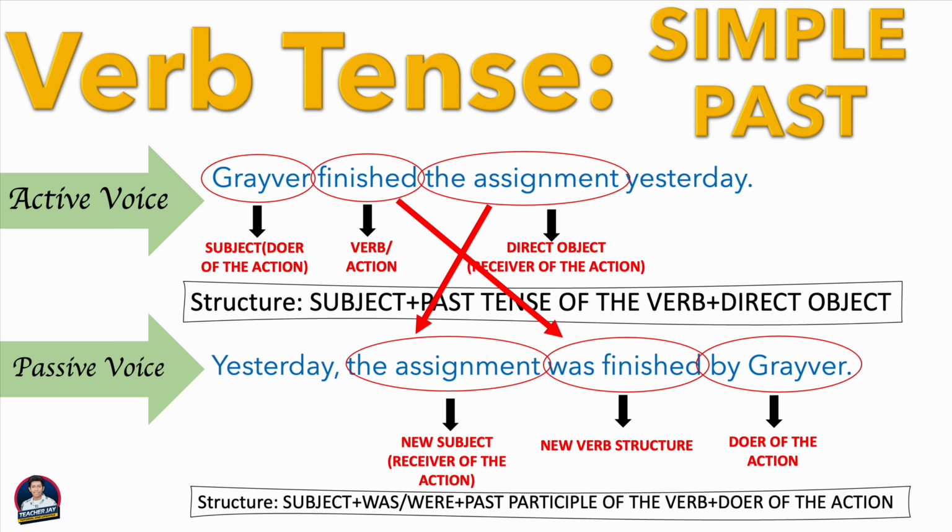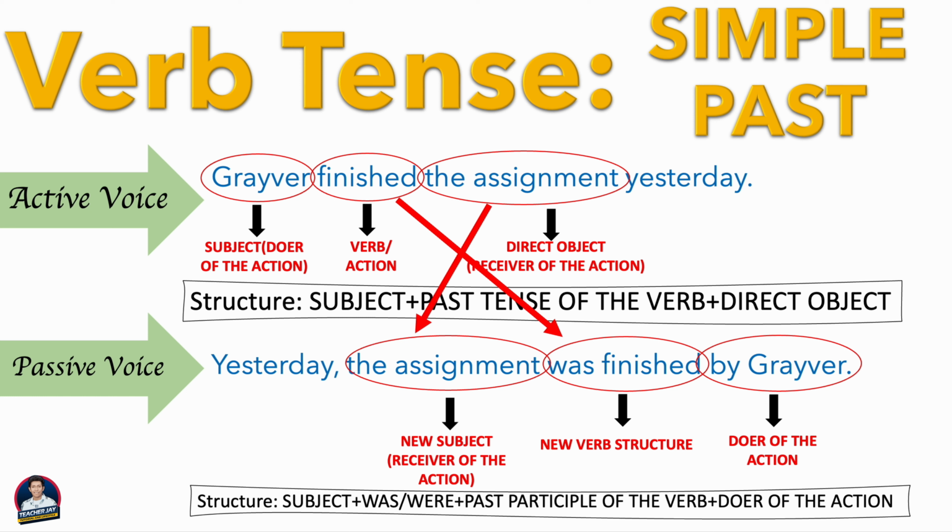This example uses the structure subject plus was. If the subject is singular, use was, and if the subject is plural, use were. And then the past participle form of the verb, which is finished, and then the doer of the action by Graver.